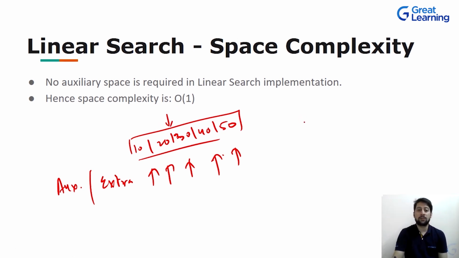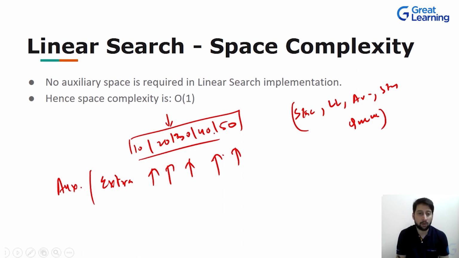We are not using any auxiliary memory, such as a stack, a linked list, an array, a string, or a queue, because they are not required. So the space complexity of linear search is constant. We are not using any extra space.